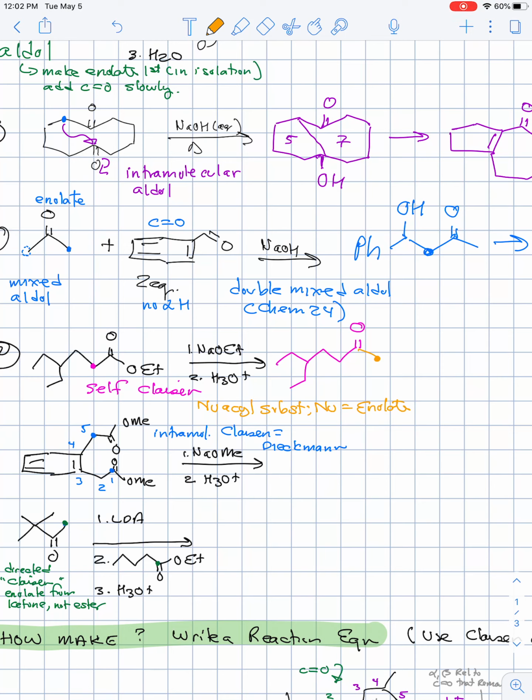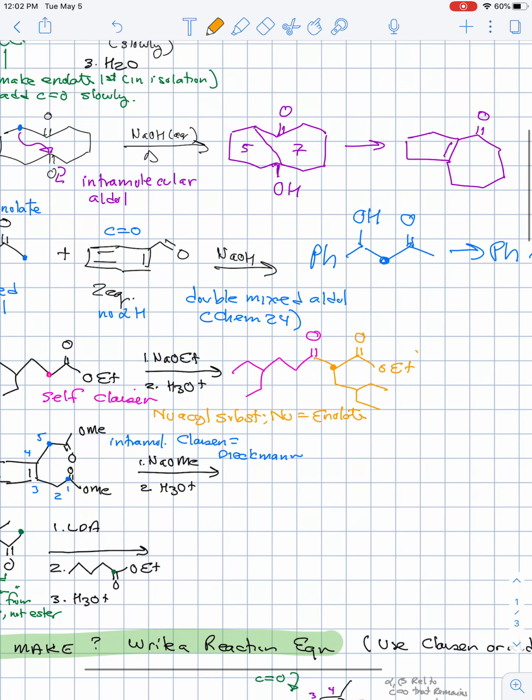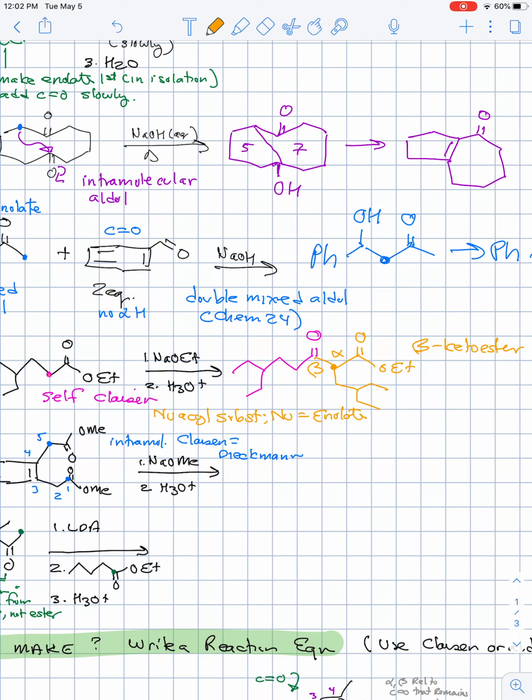And so if we look at this carbon, it's attached to the ester, and then we have it also attached to a methylene, which is attached to two ethyl groups. And the product that we get here is known as a beta keto ester, because if you start from the alpha carbon to the piece that reacted as the enolate, there is a carbonyl on the beta position.